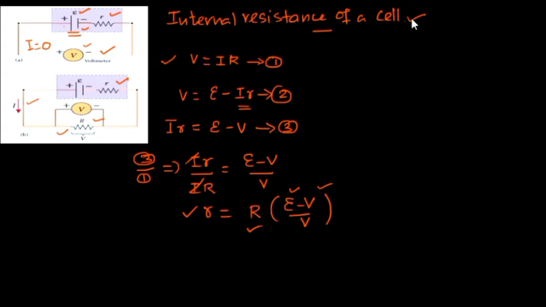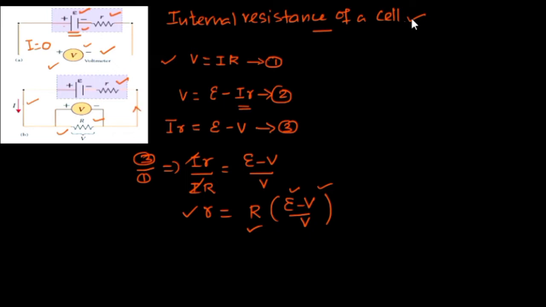When the resistance is not connected in the circuit, in the first circuit the voltage shown by the voltmeter is exactly the value of EMF, because it is an open circuit. Okay, that is very simple. But when the external resistance is connected, current will start to flow through the circuit.